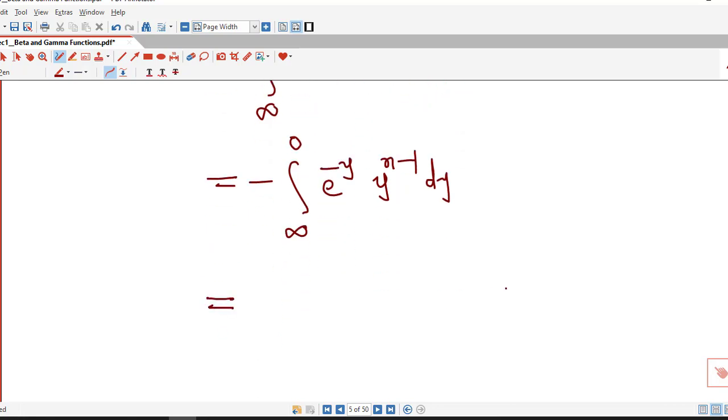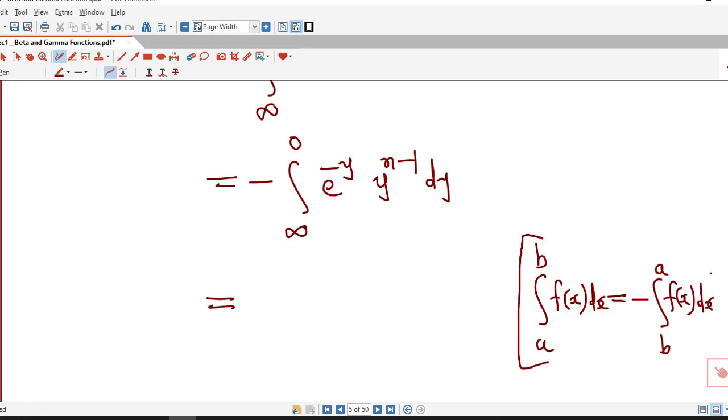And as we know from the property of definite integrals, if we change the limits, then these two integrals are negatives of each other. So if I want to omit this negative sign, I can change the limits.